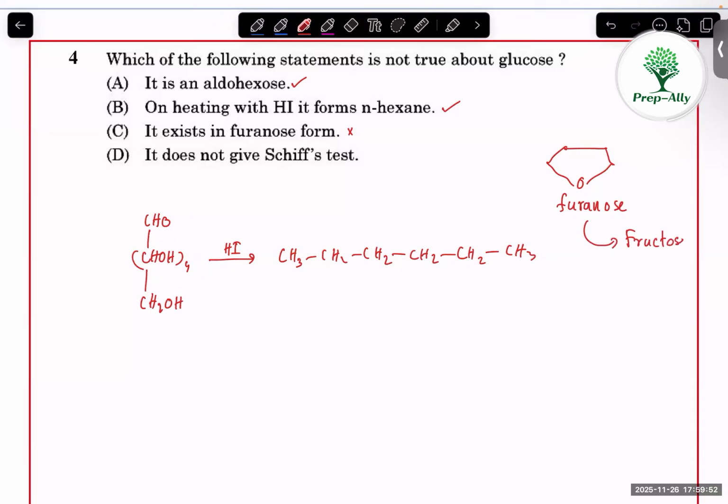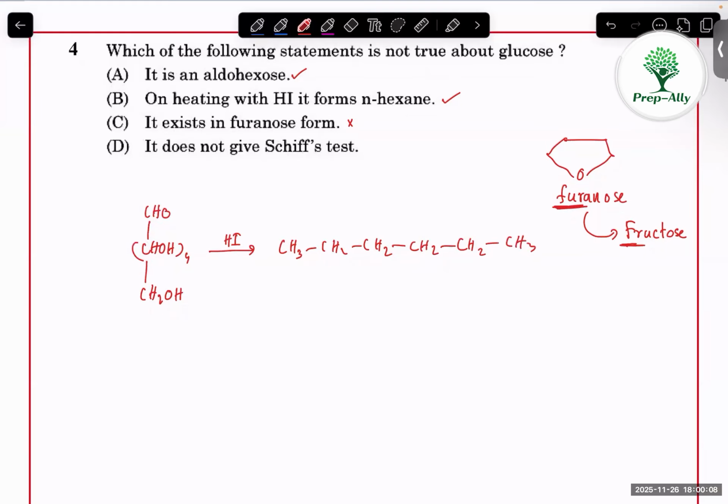As you can derive, furanose has F, fructose also has F. When you're pronouncing these two words, it will be clear that both of them have F in them. So you can say fructose exists in the form of furanose. When it comes to glucose, it is pyranose.